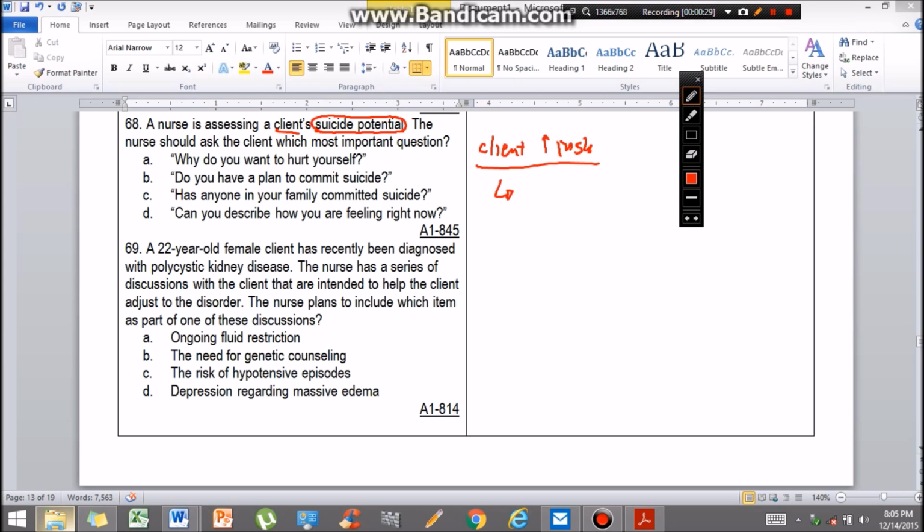Now, for clients who are high risk for suicide, part of your assessment is to determine if the client has a plan of hurting herself. Assessment is to determine plans of hurting self or plans of suicide attempt. This should be the focus of your assessment. Best answer, Boston. Eliminate A, C, and D. These have nothing to do with assessing plans for suicide attempt. B is the answer.